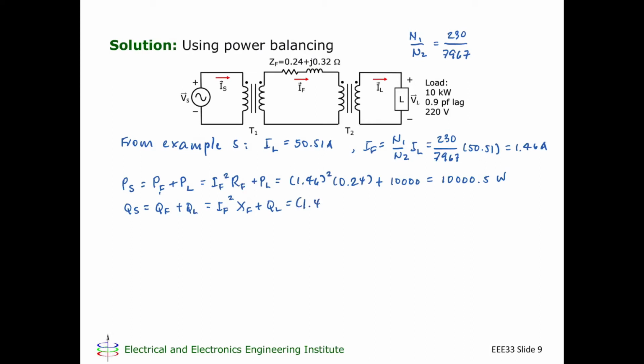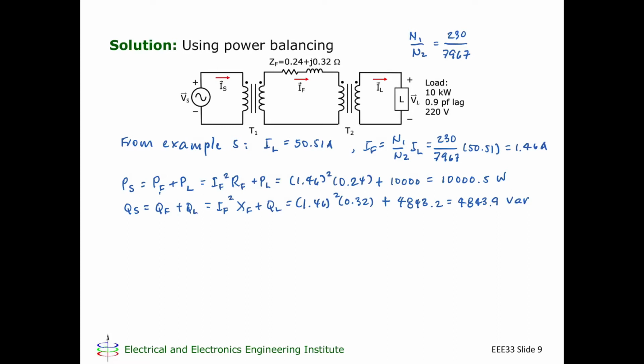So this is 1.46 squared times 0.32 plus, we previously computed Q_L to be 4843 vars. So this will give us 4843.9 vars. So we now know the power and reactive power delivered by the source. That's two of the three unknowns we're being asked to compute.